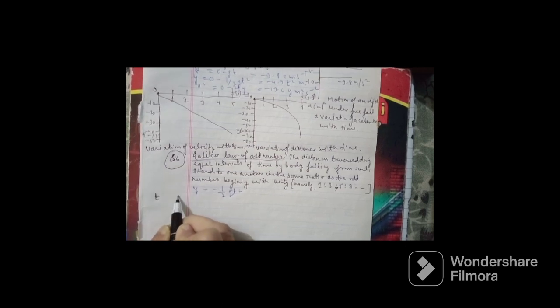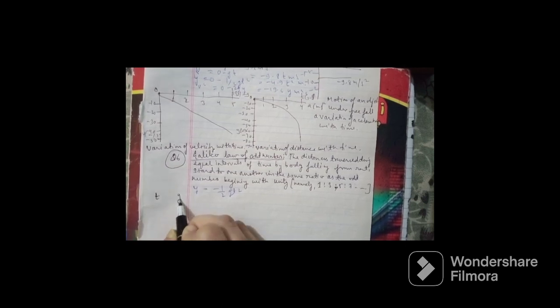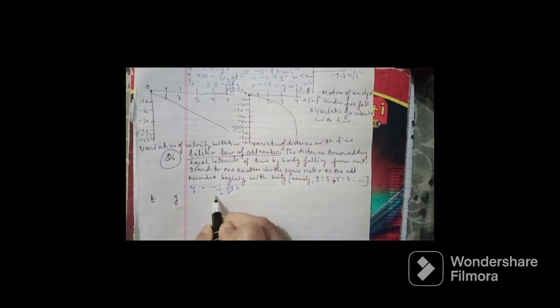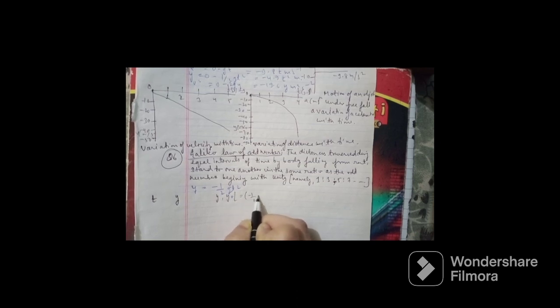Just make a table here first. So for that it will be t, then we have y, then y in terms of y naught equals minus half g t square.